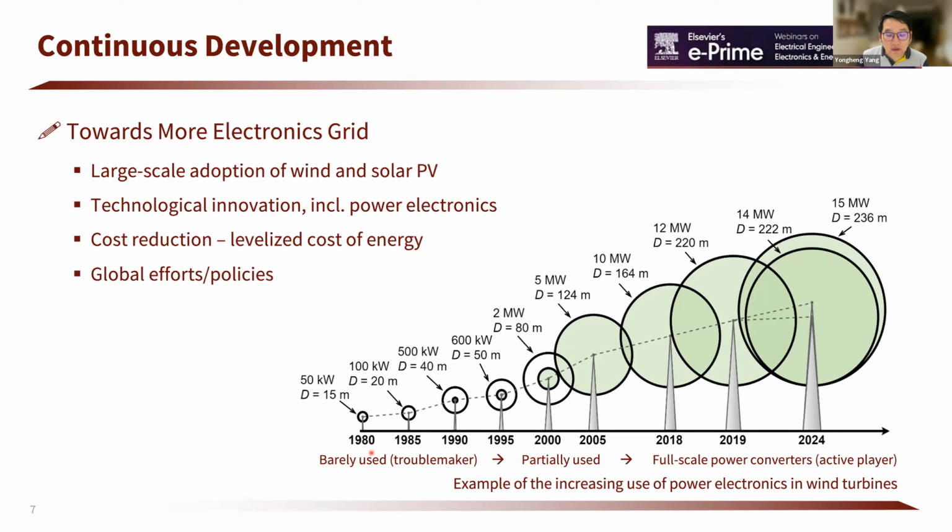Around 40 to 50 years ago, power electronics were barely used in wind turbines, and gradually they were partially used as, for example, soft starters in wind turbine systems. And in today's wind turbines, that's full scale power converters, because they enable the wind turbine generator systems to be more active, to process more power with high efficiency and high reliability.